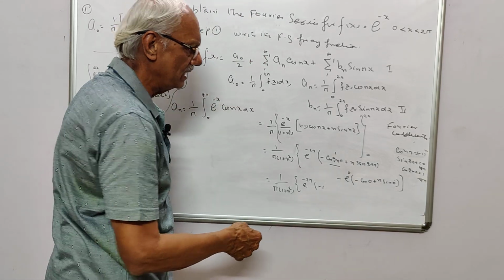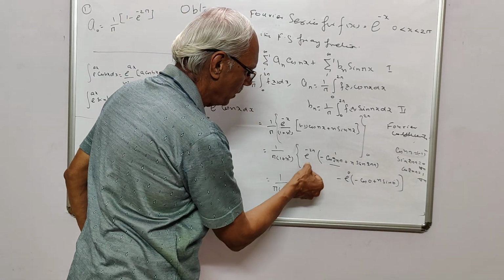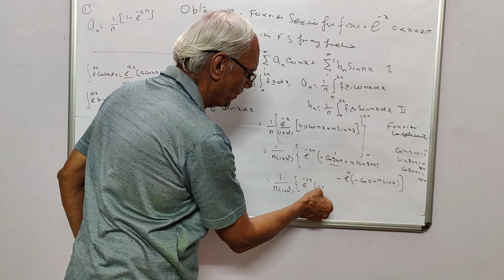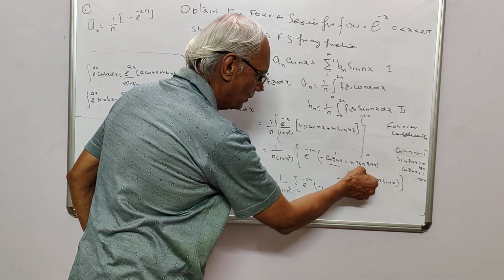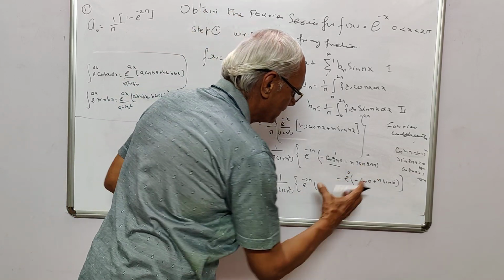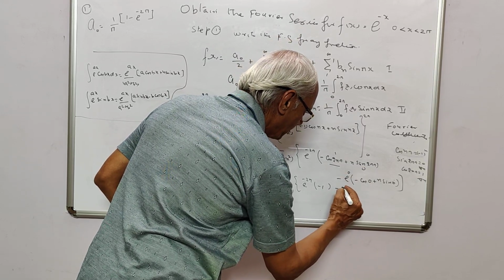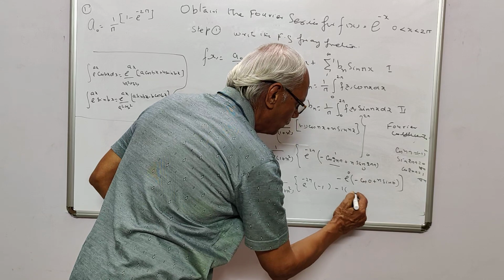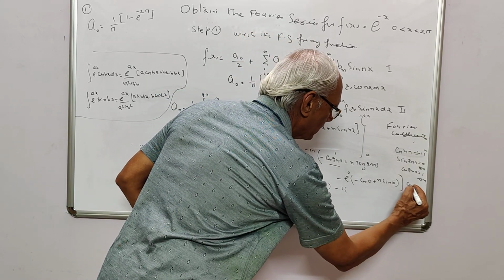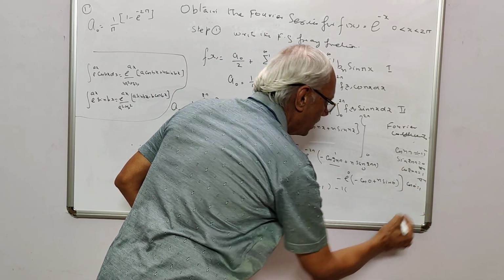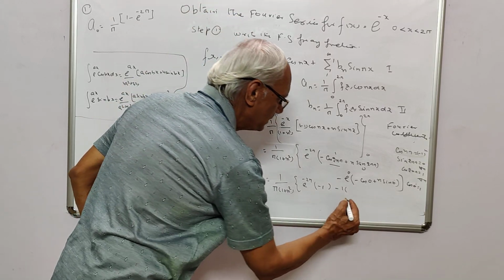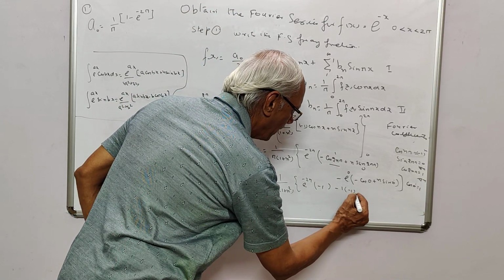Applying those ideas here, what do you get? This is e to the power of minus 2 pi into minus 1, and the sine term is 0. Then minus e to the power of 0, which is 1, and cos 0 is 1. So this is 1 into minus 1.